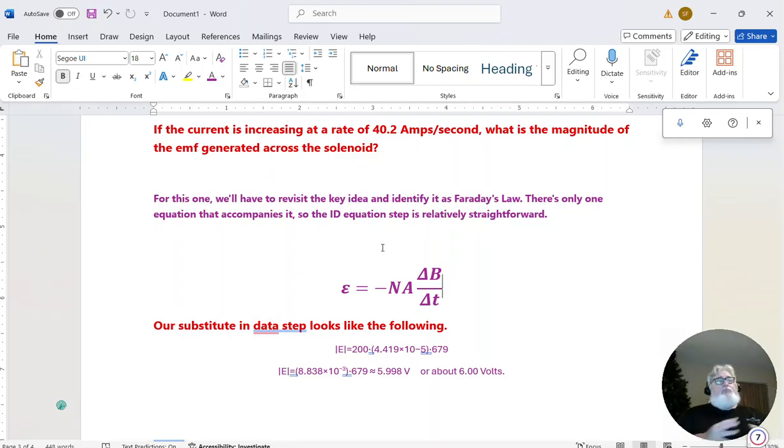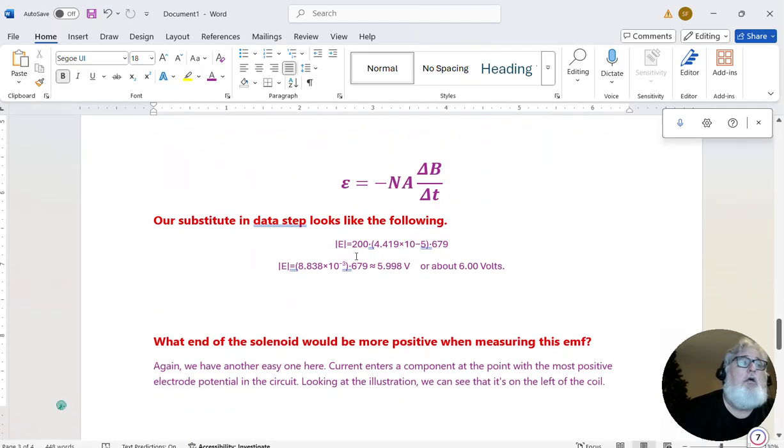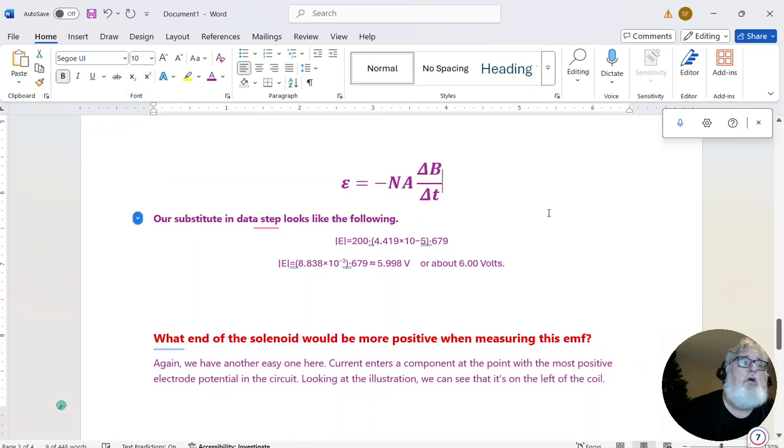So it's going to be your number of turns times the cross-sectional area times this rate of change of the magnetic field, which we just calculated. Let's substitute some data.